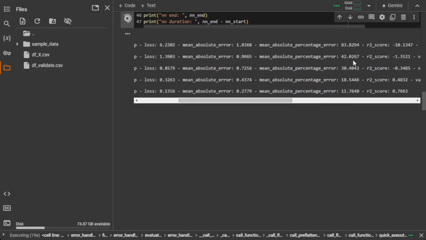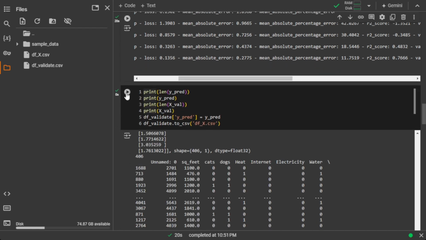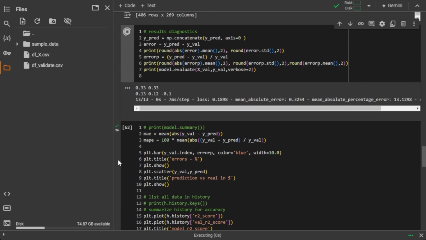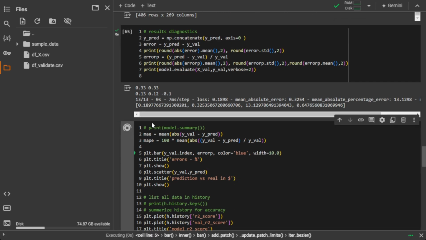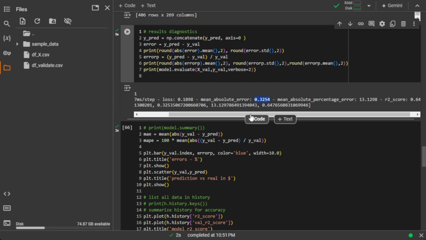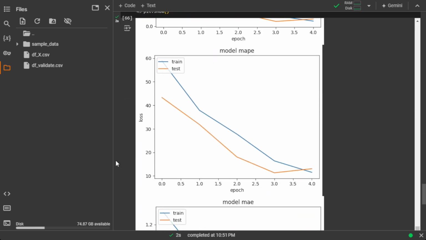Okay, so the mean absolute error is probably around 12-15%. Oh, there it is, 13%. R squared of 65. Let's see what these graphs look like.